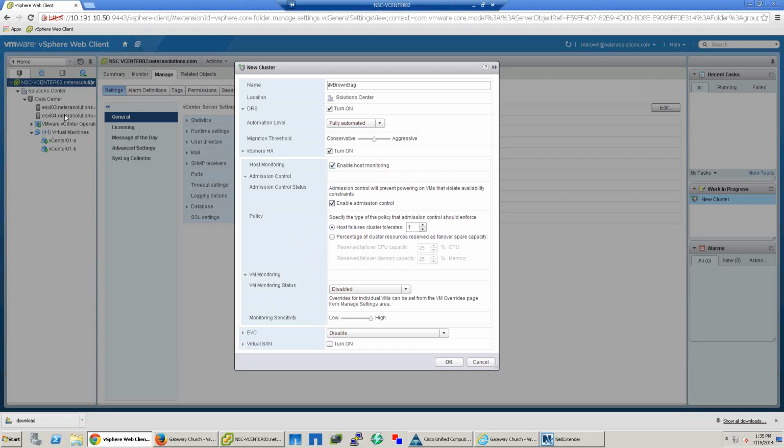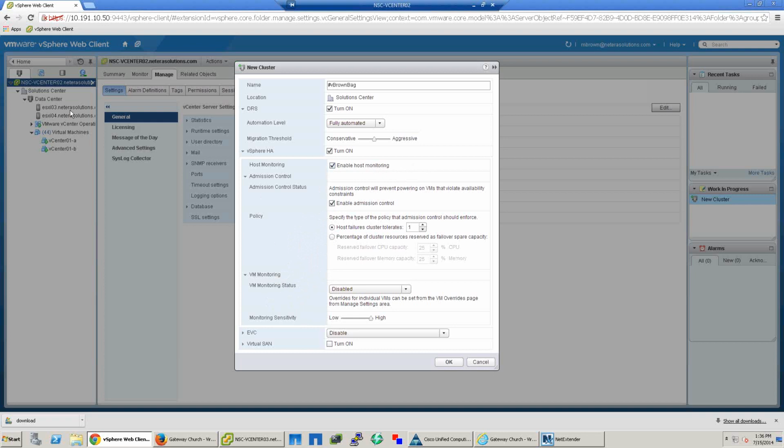DRS can, in its best days, move virtual machines across those hosts to ensure that the hosts are evenly running workloads. So there's not one host that is lightly loaded and all the rest are running at 95%, for example, right? DRS will move those VMs around.